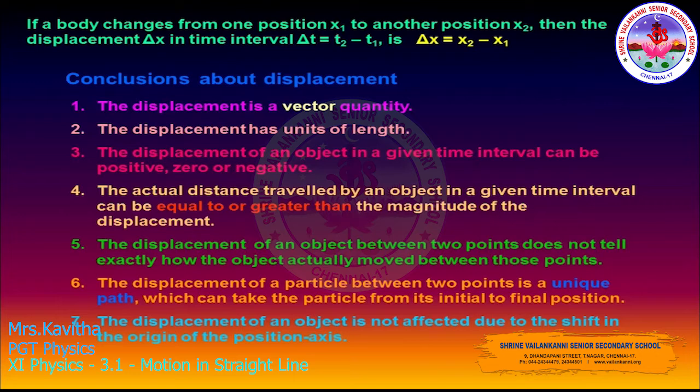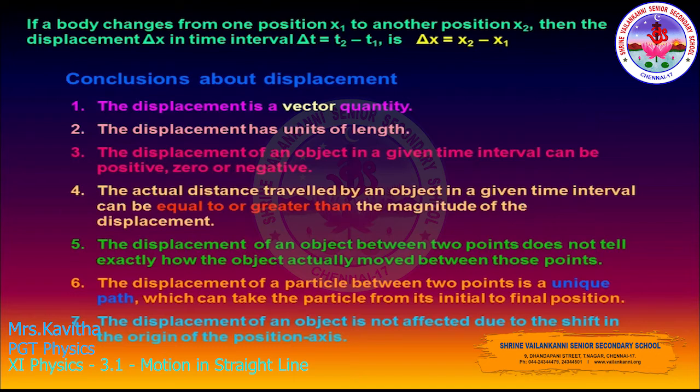The displacement of an object between 2 points does not tell exactly how the object actually moved between those points. The displacement of a particle between 2 points is unique, while many paths can take the particle from its initial to its final position.